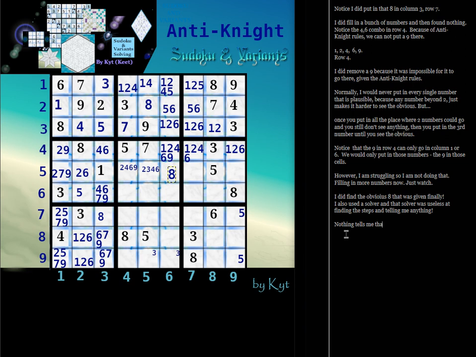Nothing tells me that column 1, row 4 must be a 2, except the solver, which gives me nothing. There is another solver online that is far superior, but that one is not made for anti-knight.